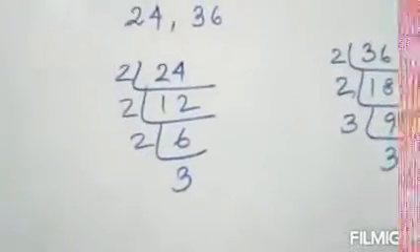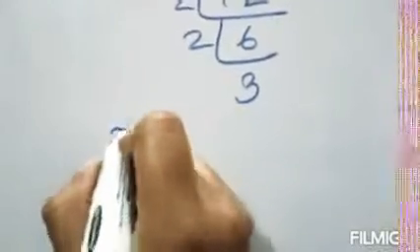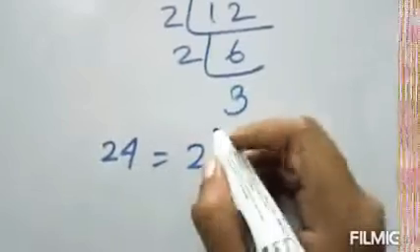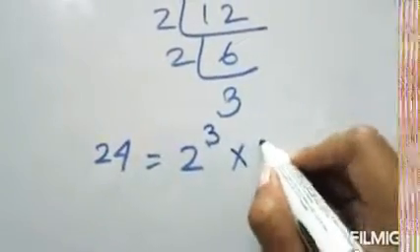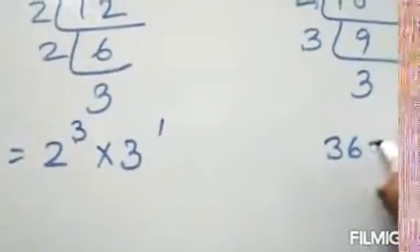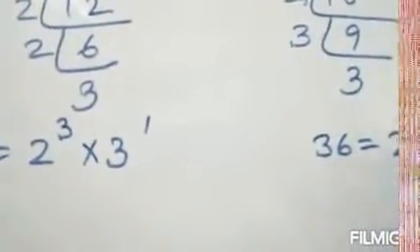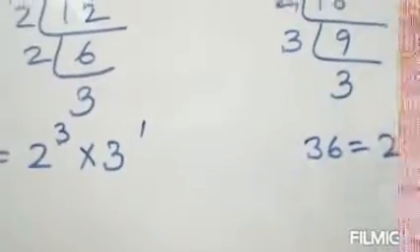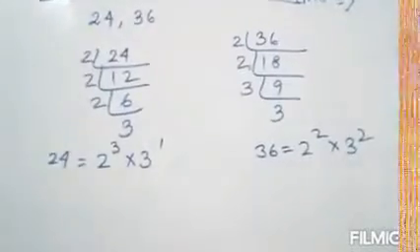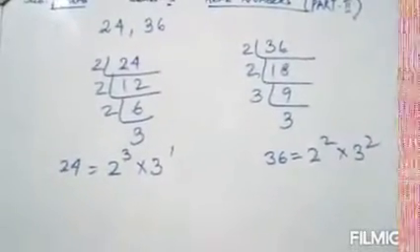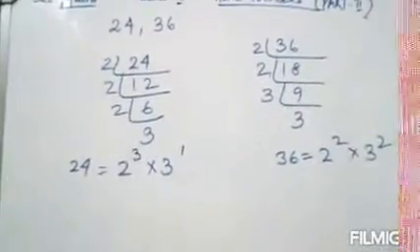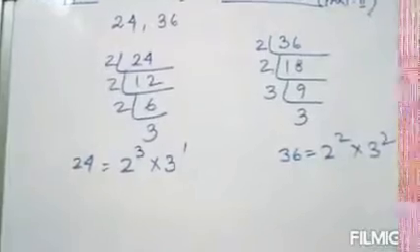Now 24 can be expressed as 2 to the power 3 into 3 to the power 1, and 36 can be expressed as 2 to the power 2 into 3 to the power 2, right? Now from here, if I tell you to find out the HCF and LCM, can you find out?